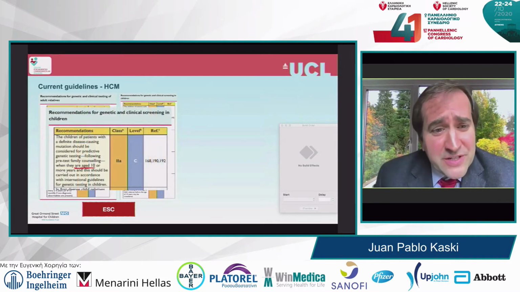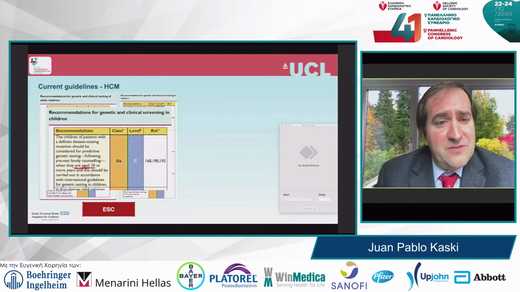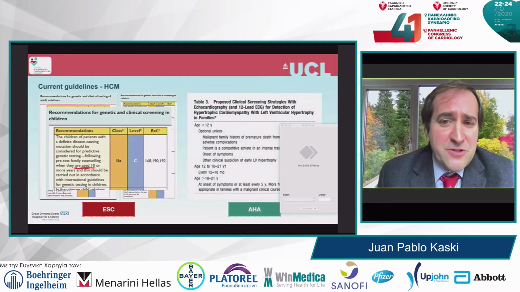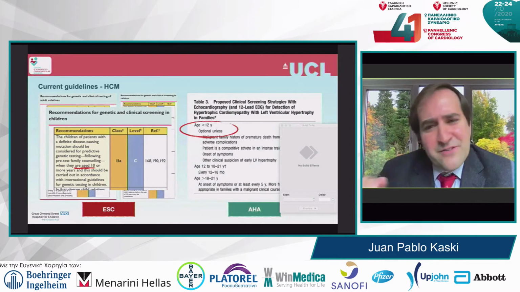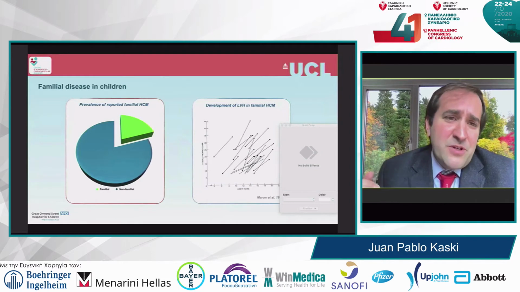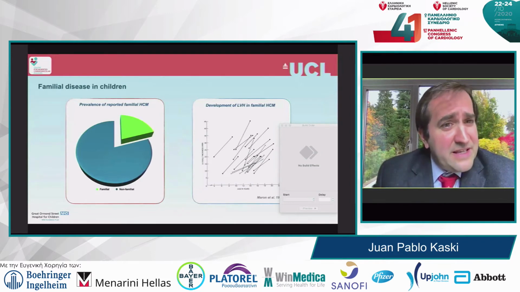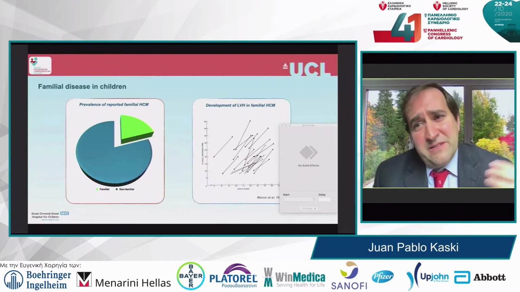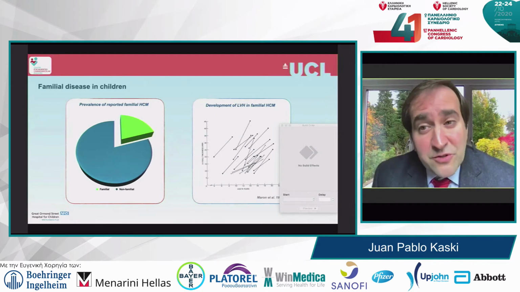And this is an established class 1 indication for all types of cardiomyopathy in adults. But in children, the current guidelines do not recommend screening below the age of 10 or 12, if you follow the American guidelines, unless there are certain high-risk features. So no routine screening below the age of 10 or 12. And this is because familial disease has been reported rarely, but as we've seen, this isn't really the case, it's just underreporting.